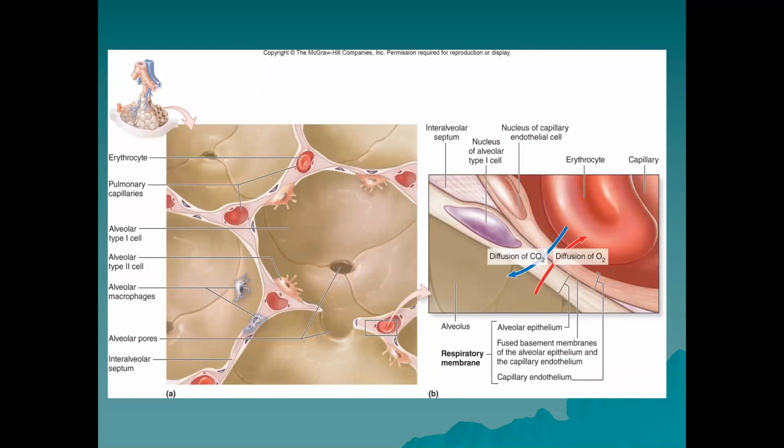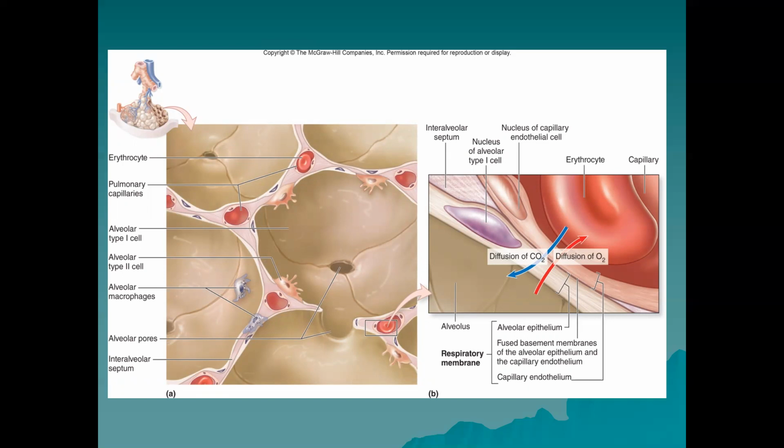Here is a depiction of the respiratory membrane. You have these alveoli, you have the type 1 alveolar cell lining the alveoli, they're flat, and then you have these type 2 that are a little more globular, that make surfactant, and then they should show you an alveolar macrophage there, and that thickness on the right is the respiratory membrane.